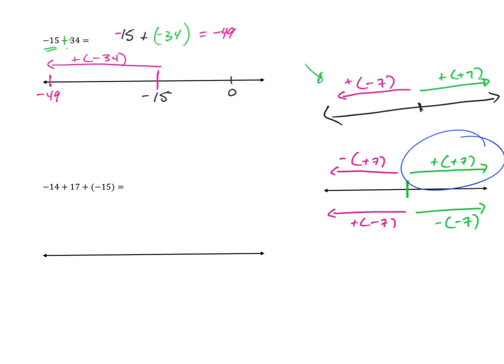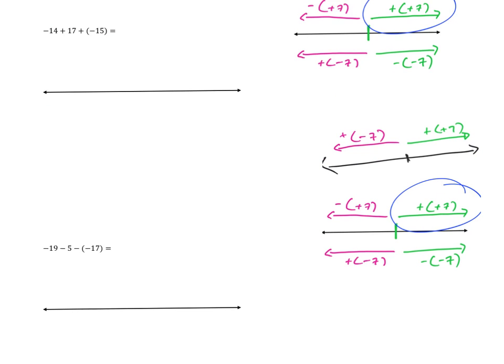Okay, so then it gets a little more difficult, but not much. We're still using the same rules, but now we have more than two terms in there. So if I look at this first one, everything is already addition, so I don't have to do anything with that. My first action is to add 17.